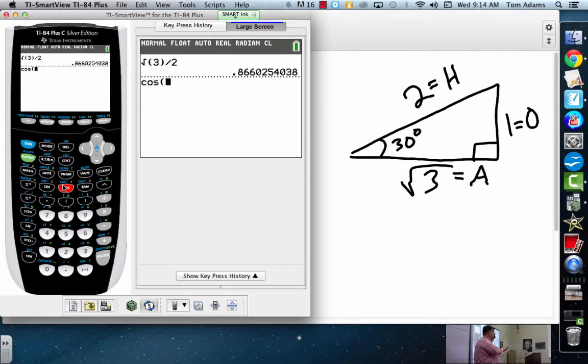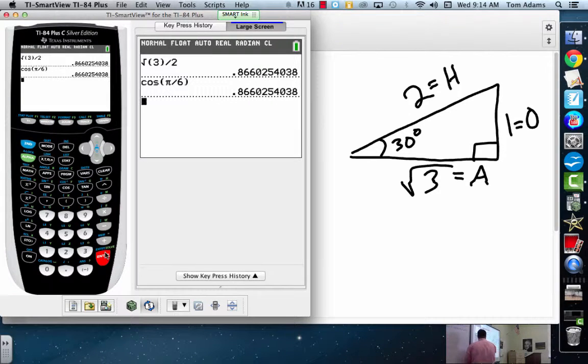You probably had your calculators out, right? Like you all do now. Get your calculators out, turn them on, because you were practicing along with Mr. Adams. And you plugged in cosine of pi over 6, which should be 0.866. But Mr. Adams loves mathematics so much, I want to get the answer another way.